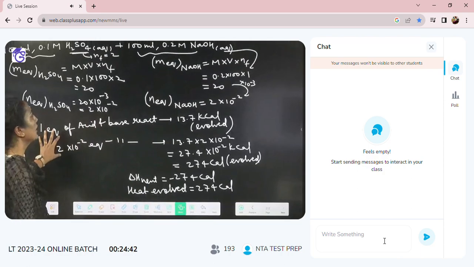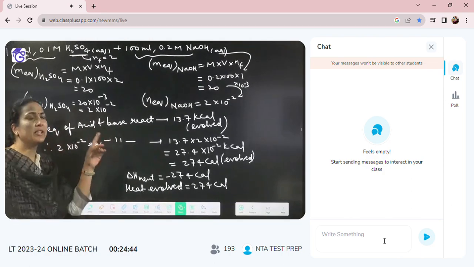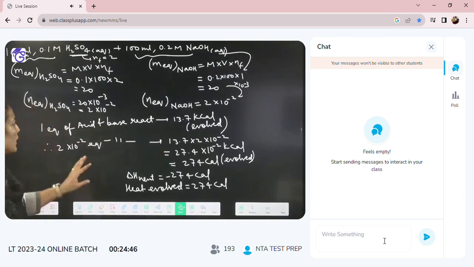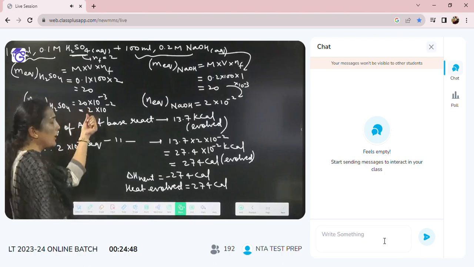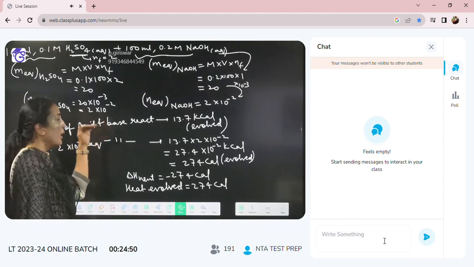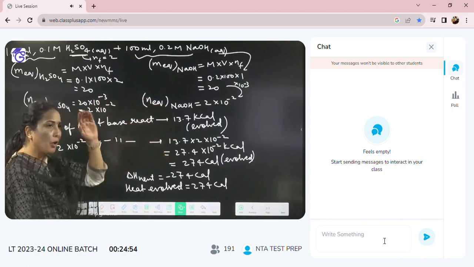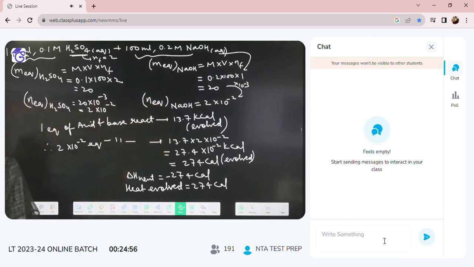And do not think that this is a very big problem, since I've written each and every step. That's the reason it is looking a little bit bigger. Otherwise, in the examination you simply find out the milli equivalents or the equivalents. For one equivalent you know, for these many equivalents you multiply by 13.7. Your problem is done there itself. Are we getting it? So please note it down. Is there any confusion to anyone here?